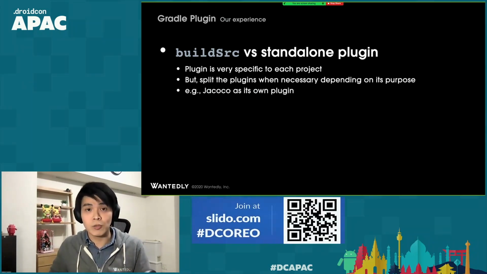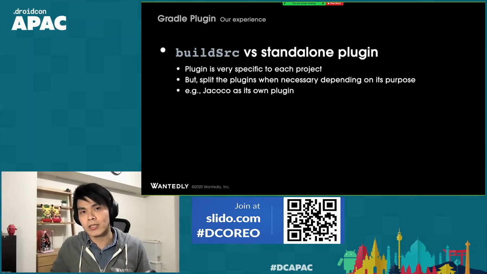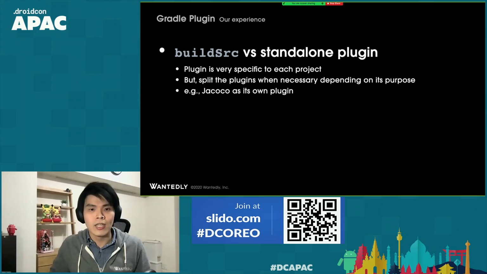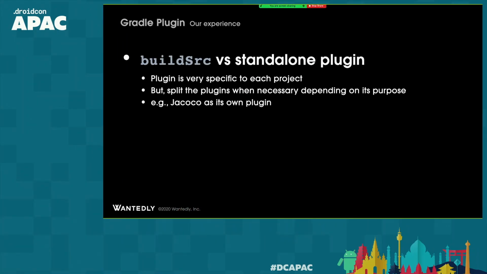But you can definitely split your plugins depending on their purposes. For example, we separated Jacoco as its own plugin because Jacoco has its own parameters around task dependencies, code exclusion, and report formats. So it actually makes sense to split them out as a separate plugin.